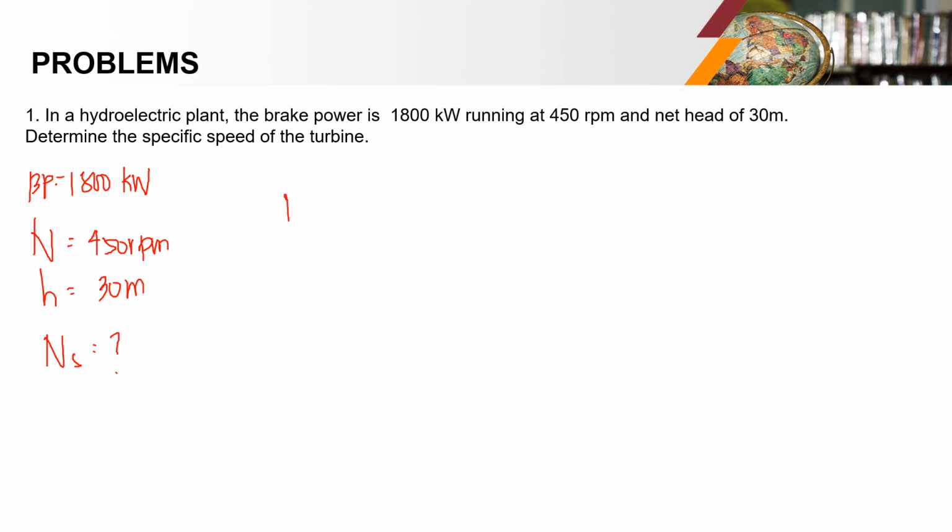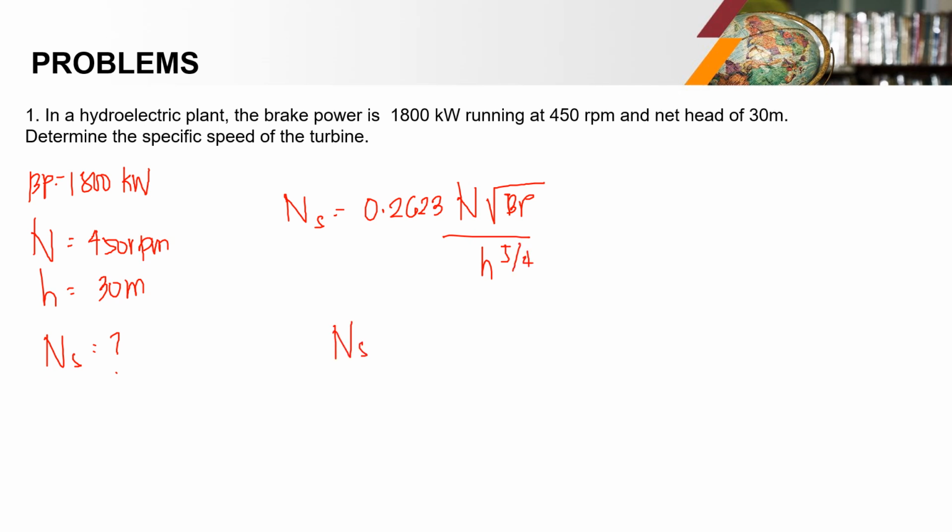Ano ba yung specific speed formula? Ns is equal to 0.2623 times N, okay, times the square root of the brake power over the H raised to the 5 over 4.